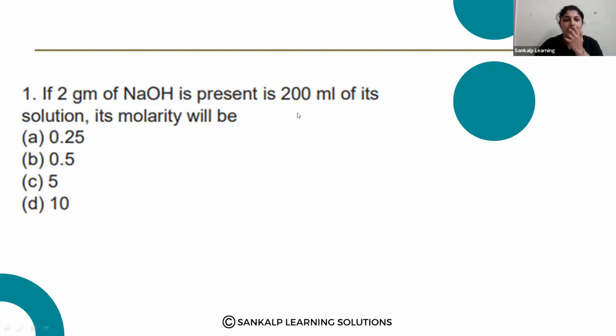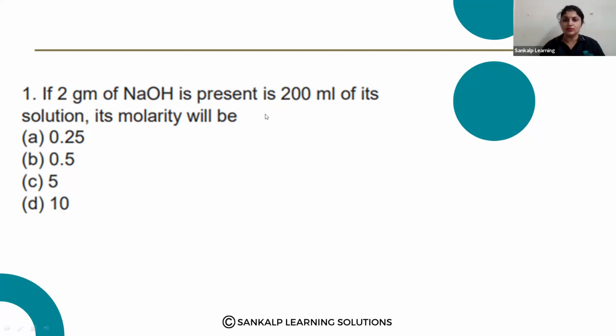Molarity is the number of moles of solute divided by the volume of solution in liters. So we have to calculate: if 2 grams of NaOH, sodium hydroxide, is present in 200 ml of its solution, what will be the molarity?